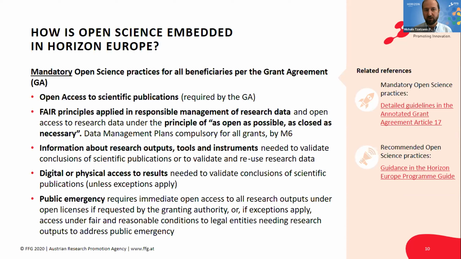All projects need to have the data management plan as a deliverable by month 6 at the latest, where they describe what kind of research data they are collecting, how they are analyzing and storing them, and which of those they are considering to have as open data, and which need to be protected for whatever ethical reason, data protection or whatever. And of course, these data management plans are living documents. It's not that you have to stick to what you thought at month 6. You can always change your mind.